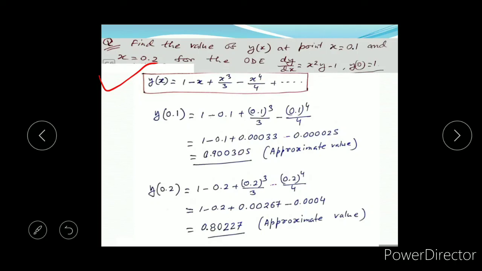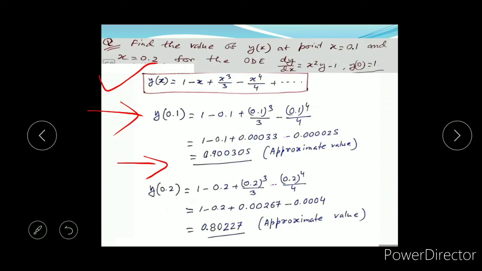Now putting the value of x as 0.1 in this equation, we will get y(0.1) equals 1 minus 0.1 plus 0.1 cube by 3 minus 0.1 to the power 4 by 4. And after calculating, we will get the value as 0.900305.